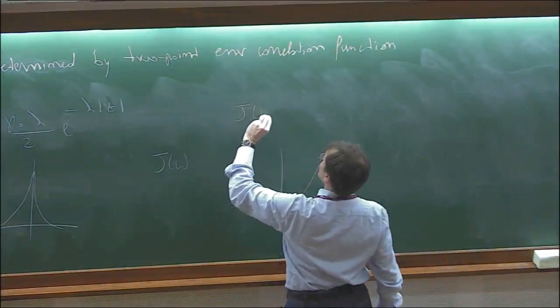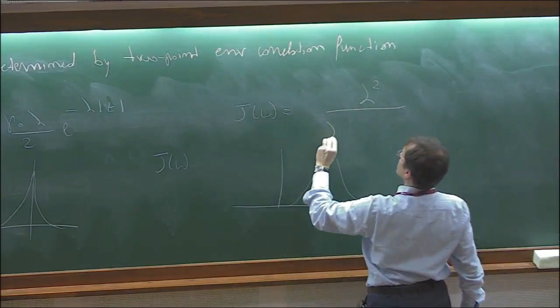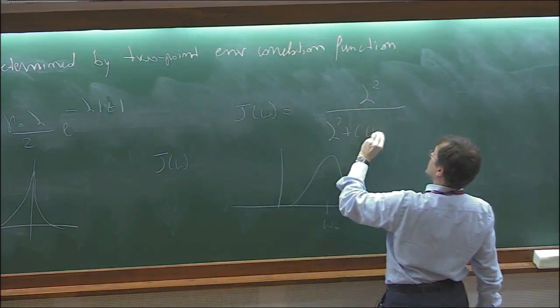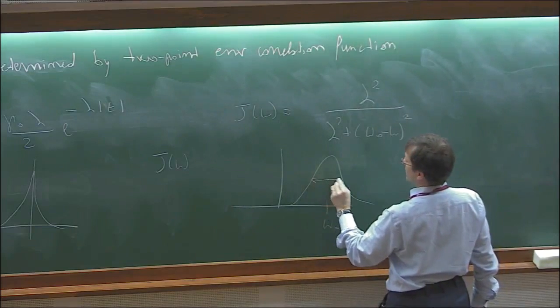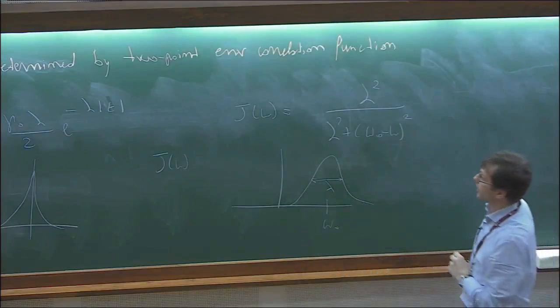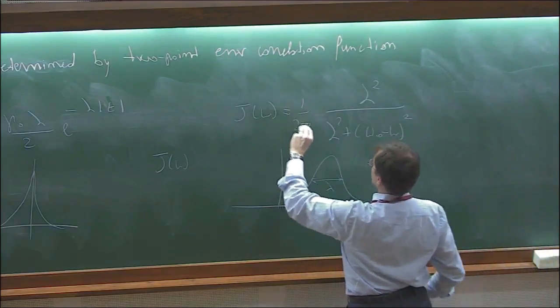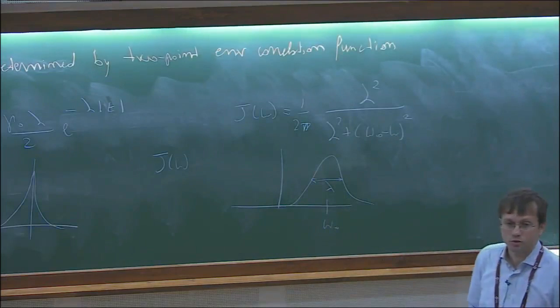And the expression is something like lambda square divided by lambda square plus (omega 0 minus omega) to the power 2. So lambda determines the width at half maximum of our Lorentzian. And there's a factor, I guess, 2 pi or so, for normalization. So this is the situation.